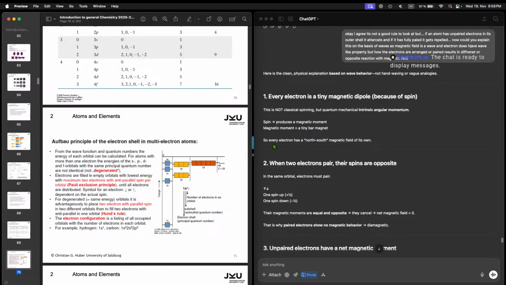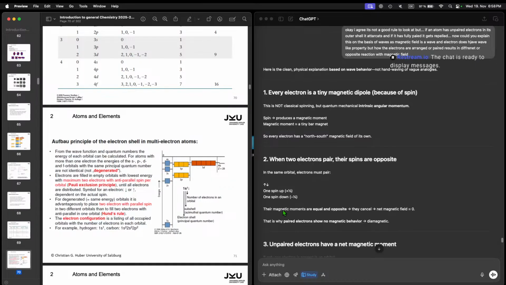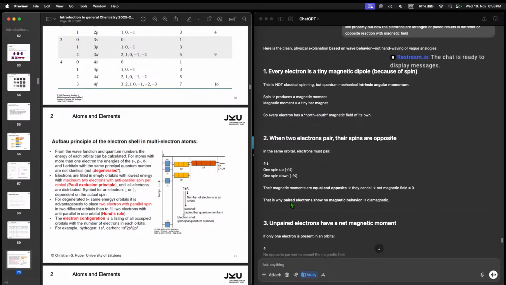So every electron has a north-south magnetic field on its own. When two electrons pair, their spins are opposite in the same orbital. Their magnetic moments are equal and opposite. They cancel. Net magnetic field zero. That's why paired electrons show no magnetic behavior. Oh, it's not repelling, it's just no field. Okay, okay.